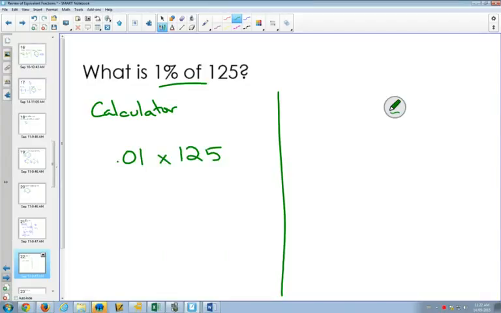Or you could have made it a fraction and done 1 over 100 and multiplied it by 125. Or if your calculator has a percent button, you could type that in as well. So if you have your calculator out, you should try that. You should try to see if you've got a percent button. You should try to see if you could type it in correctly to get the answer.